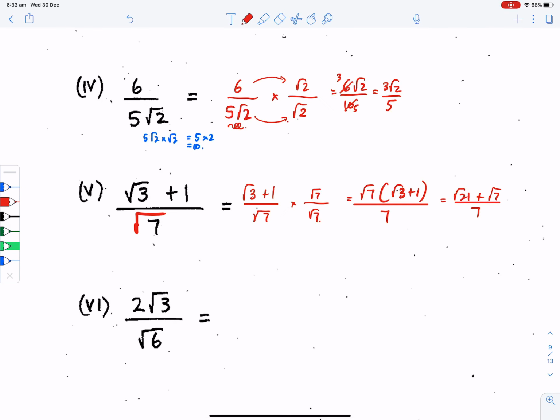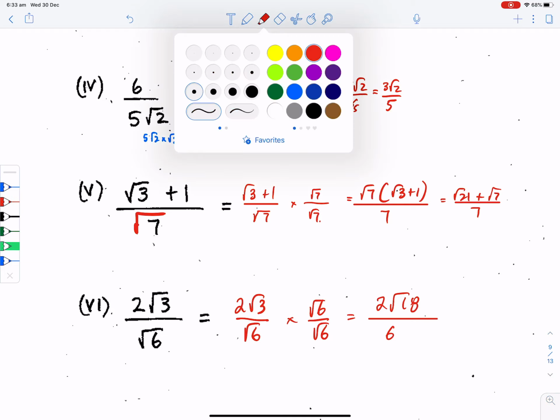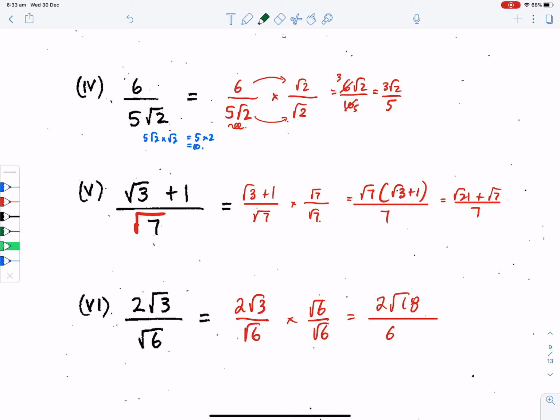Question 6. You've got 2 root 3 over root 6. So you multiply the top by root 6 and the bottom by root 6. Now the top becomes 2 root 18 and the bottom is 6. Like I've been mentioning throughout the chapter, you can't stop here, because the root 18 can still be simplified.